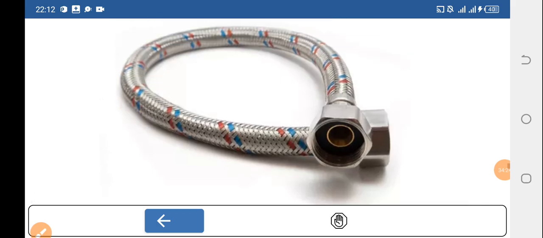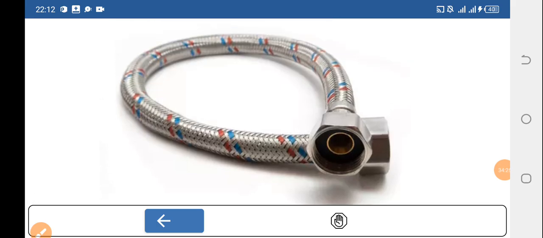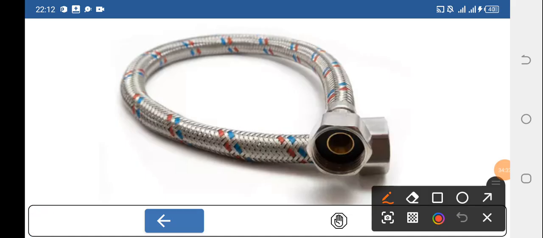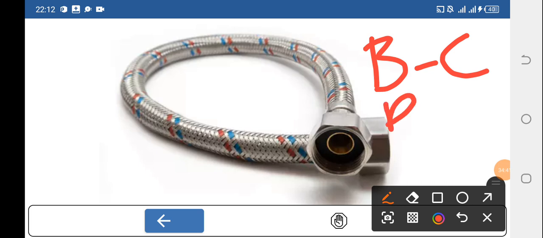As you can see, it has two lines, red and blue in color, meaning this one can be used in both. Blue for cold and red for hot.